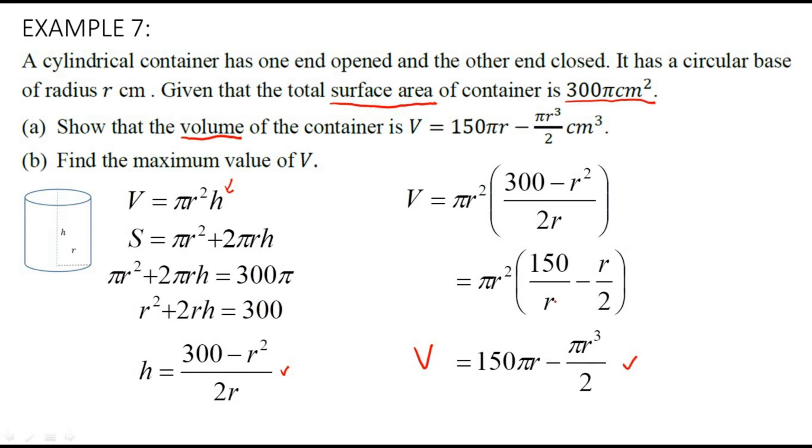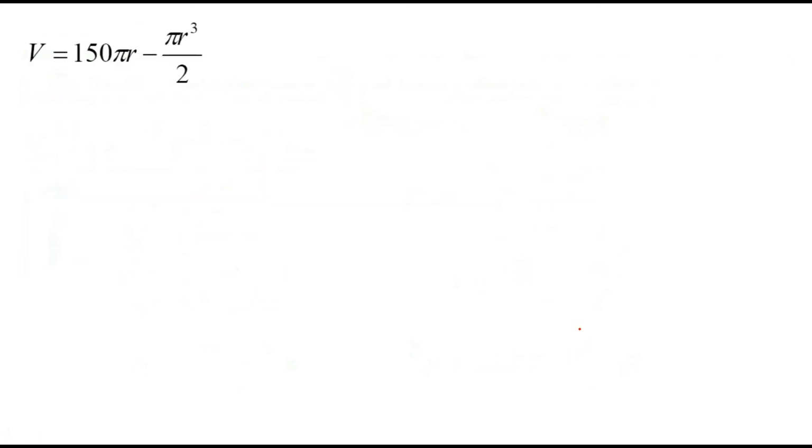Settle part A. Now, moving on to part B, we have to find the maximum value of V, meaning the maximum volume. In order to find the maximum volume, we have to find the maximum value of r, in this case our radius, first. Our first step is to differentiate our volume equation with respect to r.